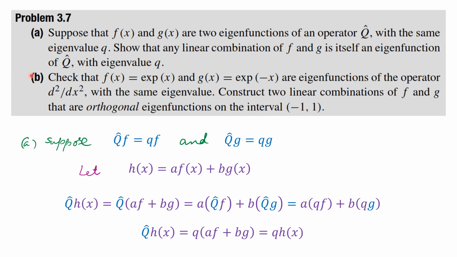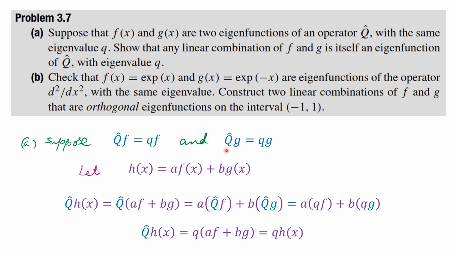So first we will address part A. Suppose it is given that the eigenvalue is q for both f of x and g of x. So when Q acts on f, you will get the eigenvalue q multiplied by the function f.